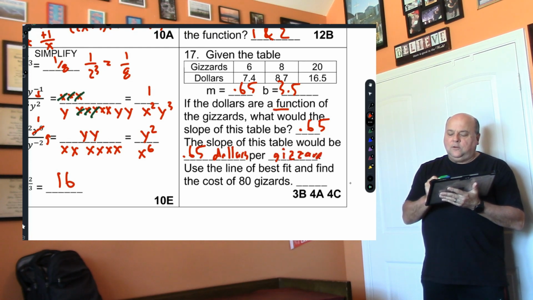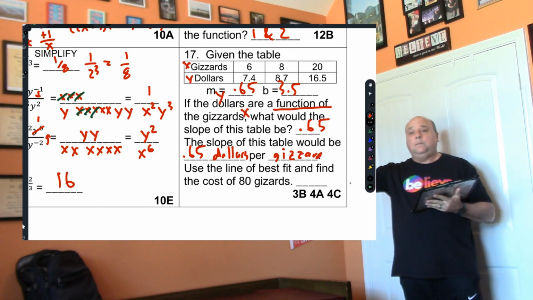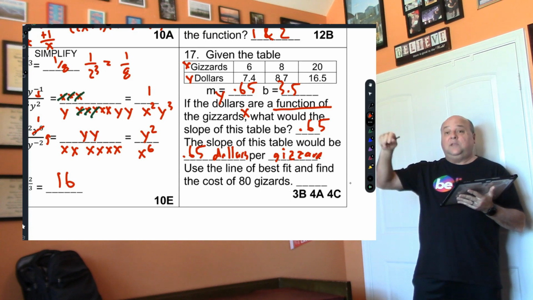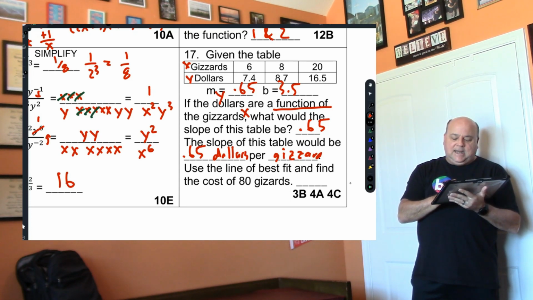And remember, right here, Y is a function of X. So our gizzards is the input, the dollars the output. Now then, we want to find 80 gizzards, so it's going to be 0.65 times 80.